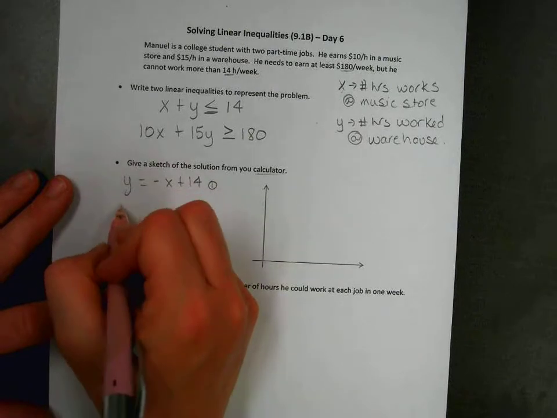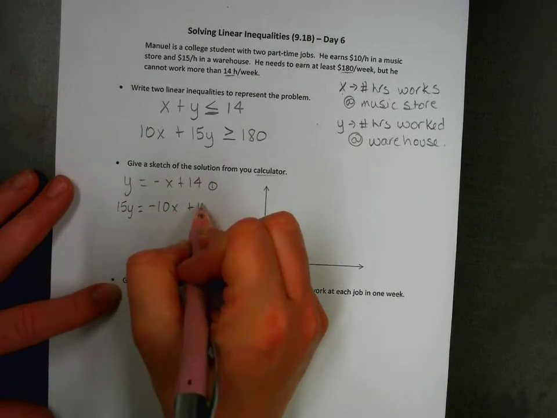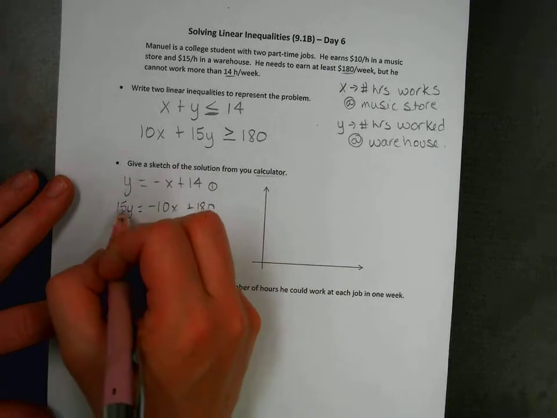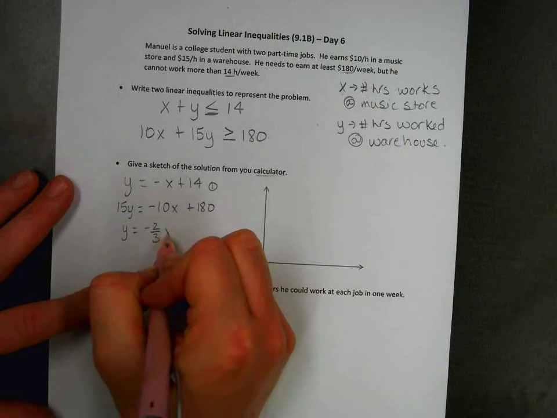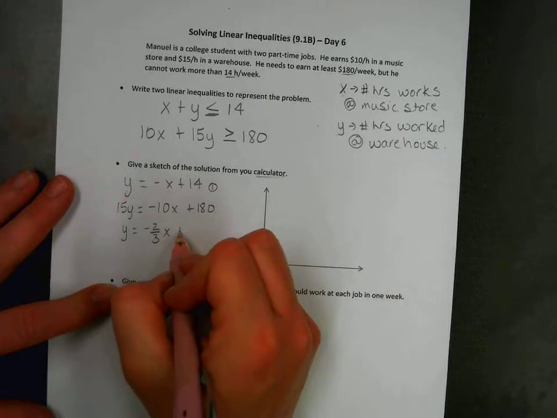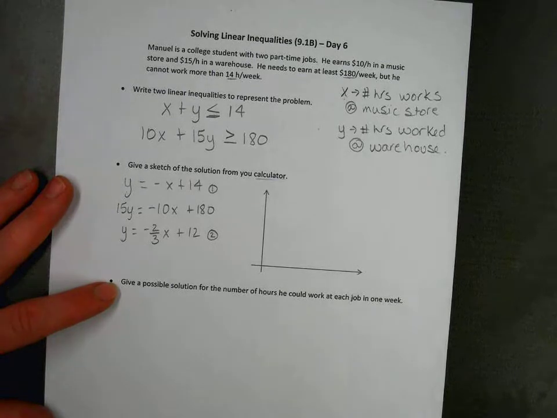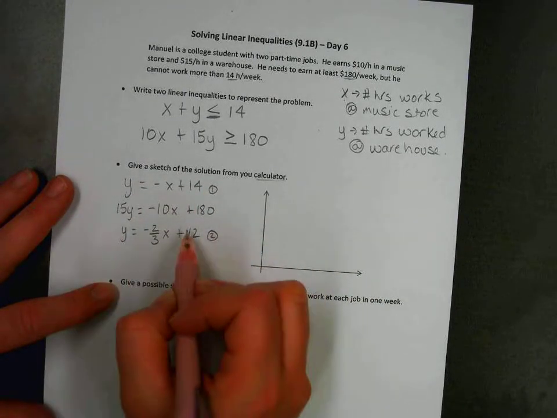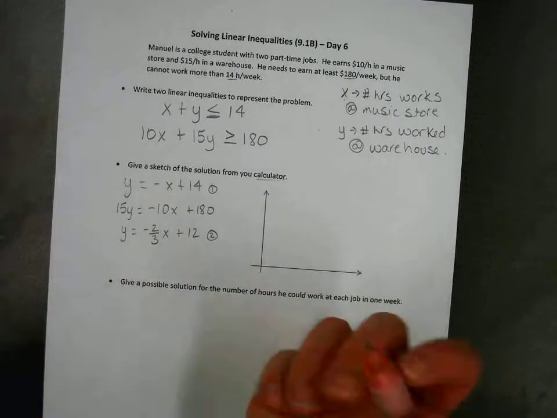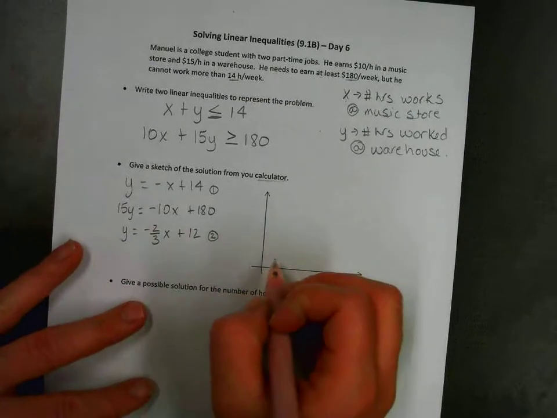And my second equation, y equals negative 10x plus 180, and then I'm going to divide by 15. When I divide by 15, I get negative 2/3 x plus 12. So here's my second equation. When you graph this in your calculator, you'd graph this in Y2, and then give a sketch of this.